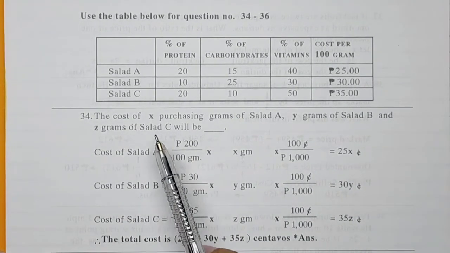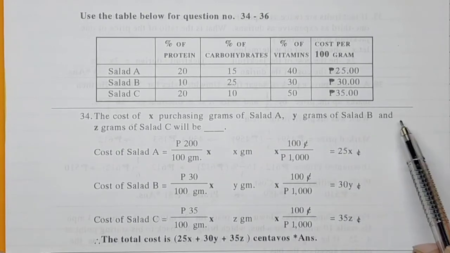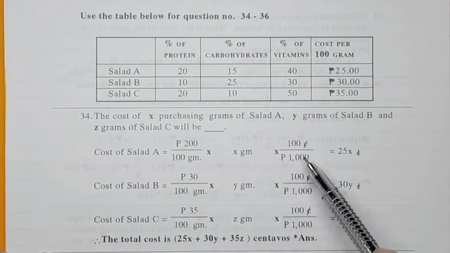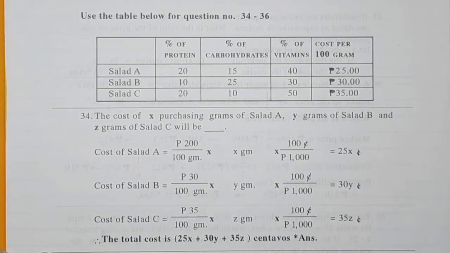The cost of purchasing X grams of salad A, Y grams of salad B, and Z grams of salad C will be as follows. The cost of salad A will be 200 pesos per 100 grams times X grams, so X grams times 100 over 1000 equals 25x.